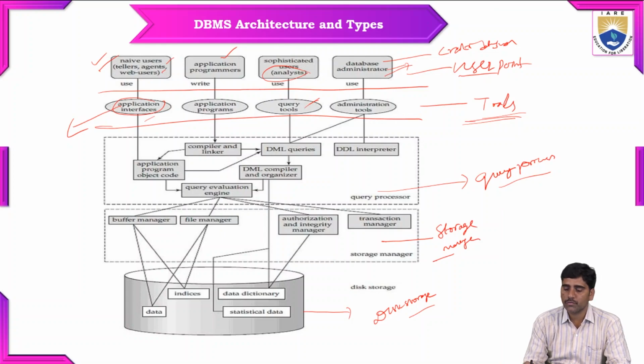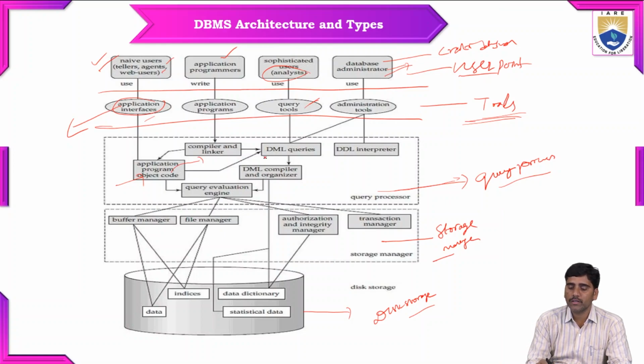And here is how the query processor is involved in all these processes. Application interfaces interact with the application program object code, which is already compiled and linked with the compiler and linker.